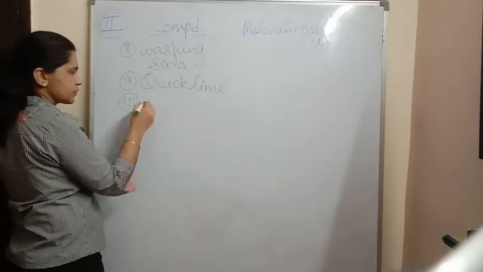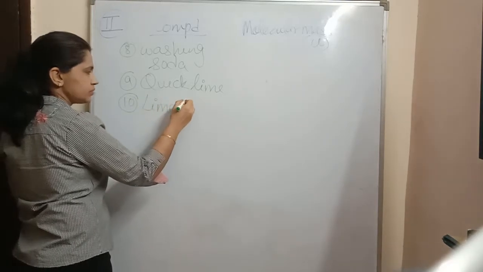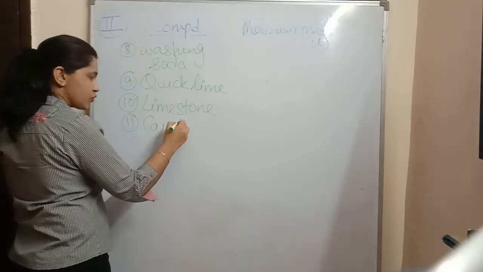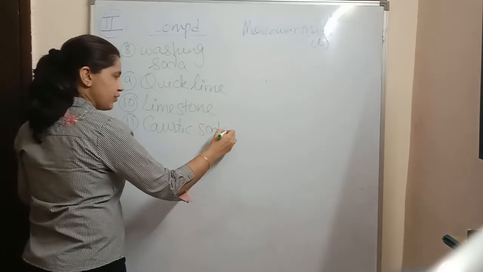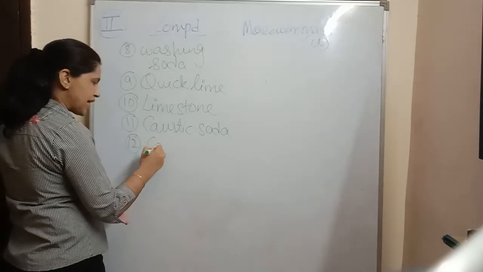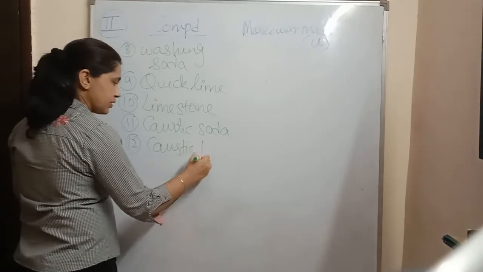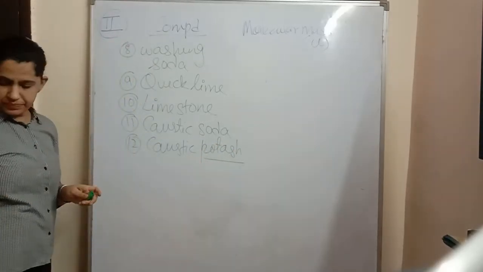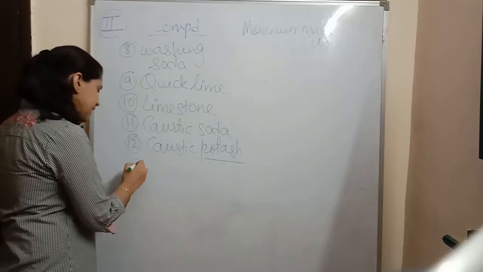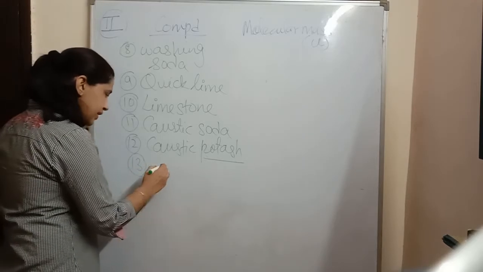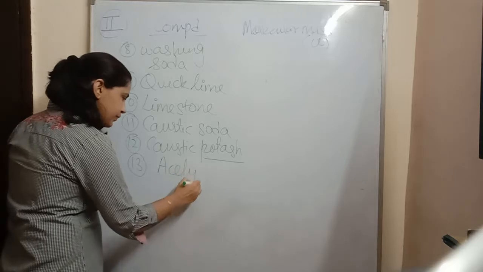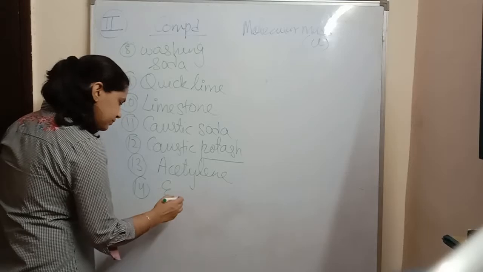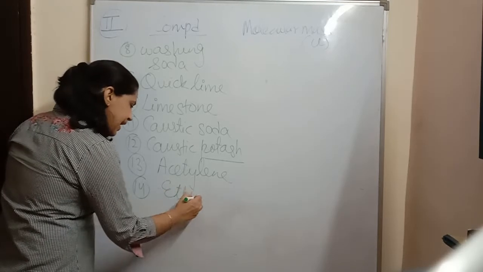Quicklime, limestone, caustic soda, caustic potash. Related to organic, I'll write only two. One is acetylene and ethylene. Acetylene and ethylene gas.